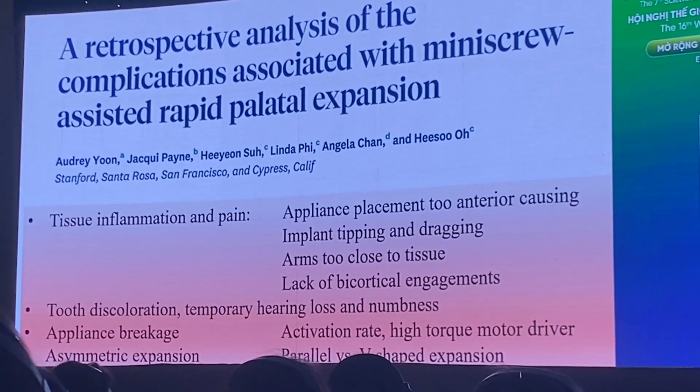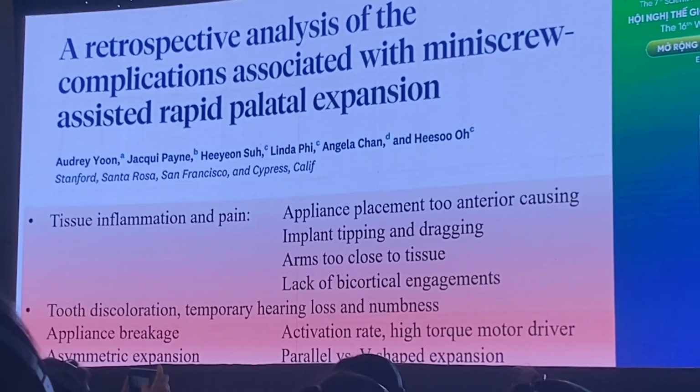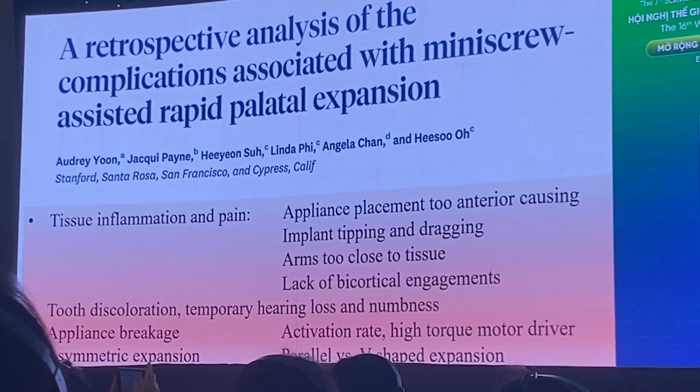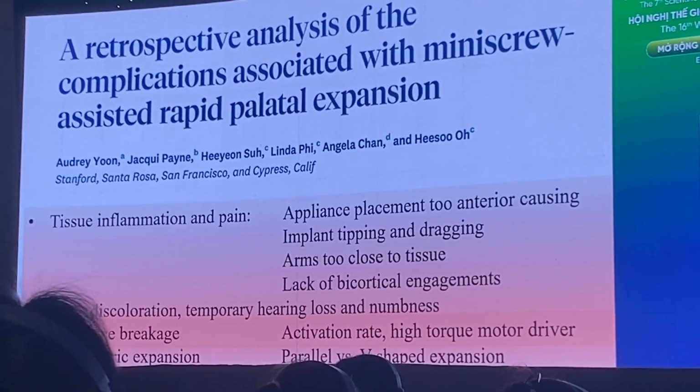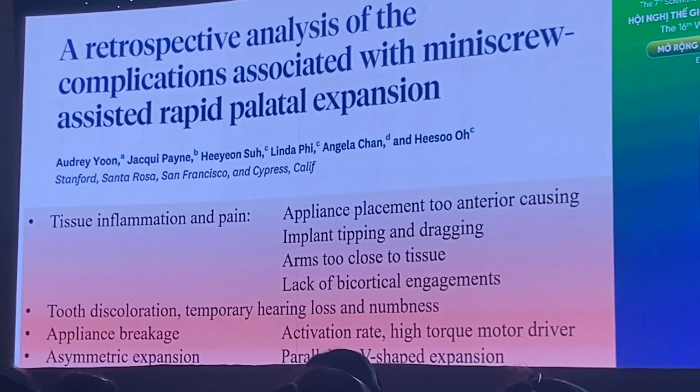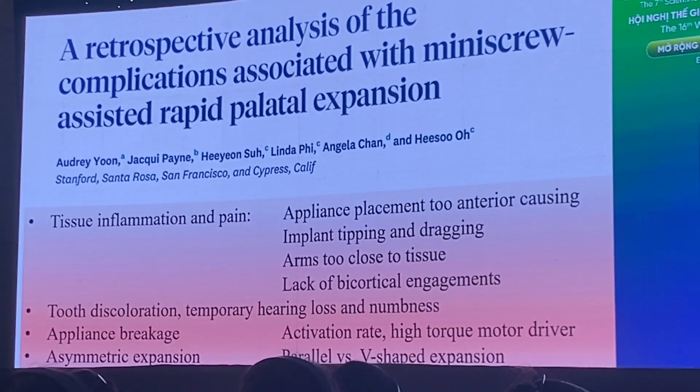So the final slide I want to show you is there is always the dark side about using mini screws, right? It's not like it's totally problem-free, all right? And you definitely have some inflammation, you got tooth discoloration, you can have appliance breakage, asymmetric expansion, all right? How do orthodontists take care of asymmetric expansion?